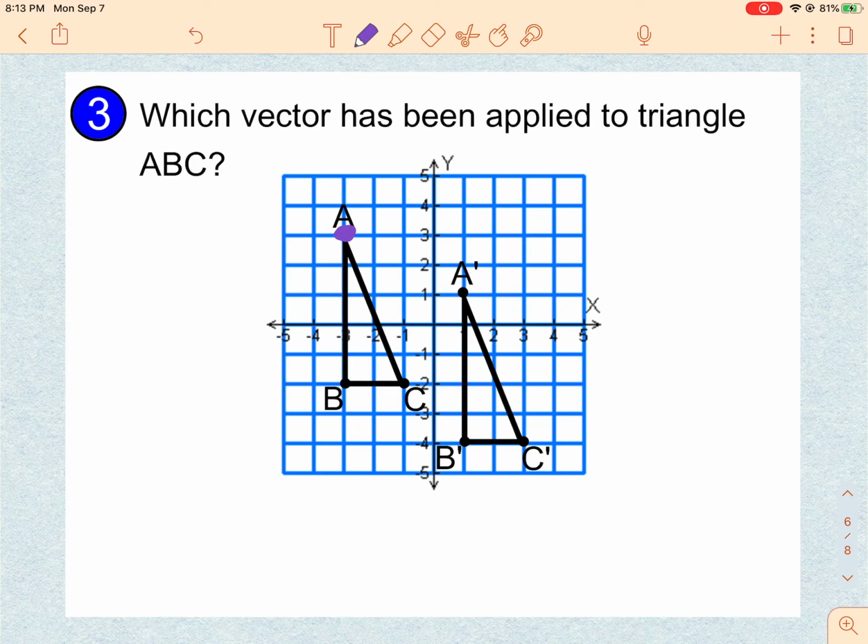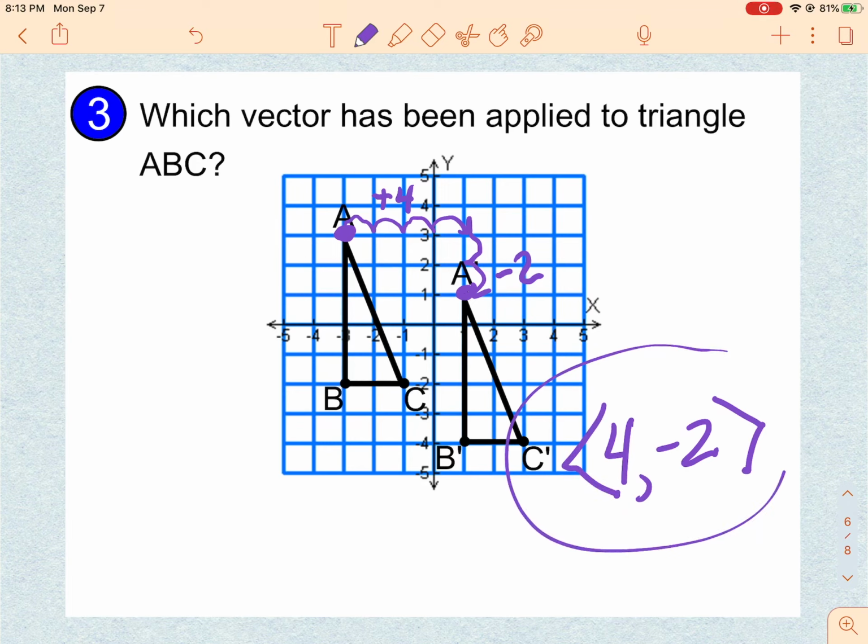So going from here to here, you went over 1, 2, 3, 4, and then you went down 1, 2. So 4 to the right, 2 down would be a negative, and it's a vector. So we write it like that.